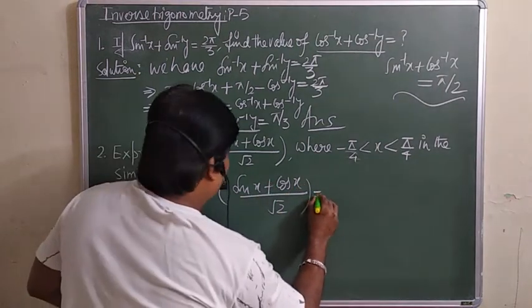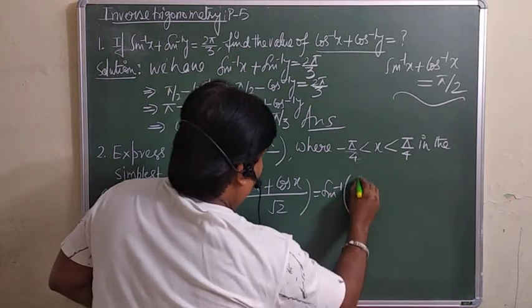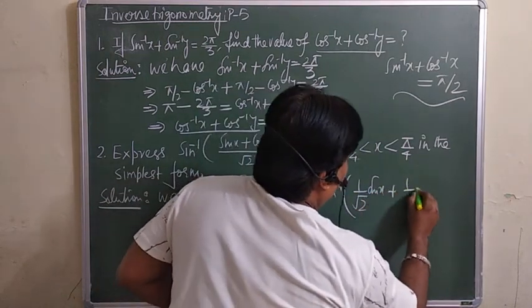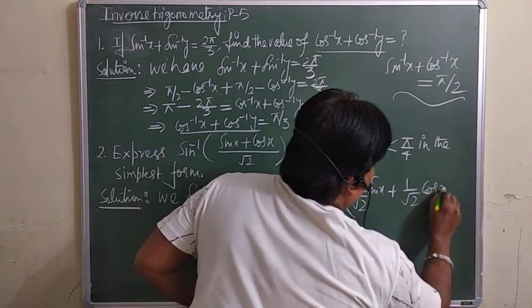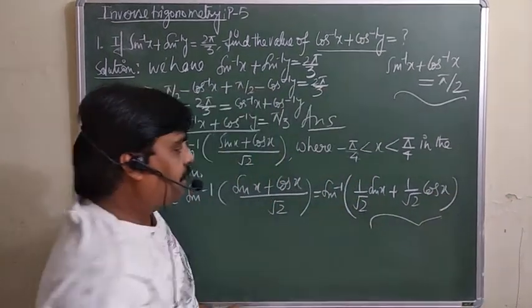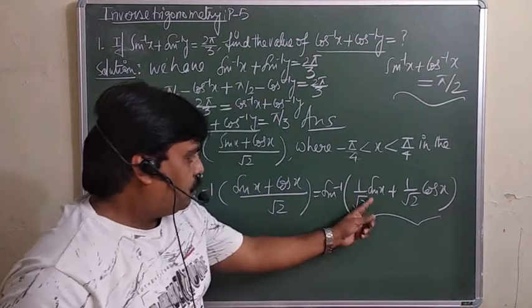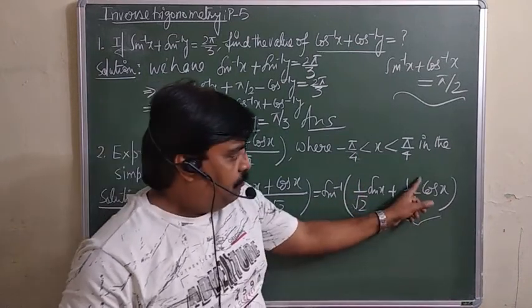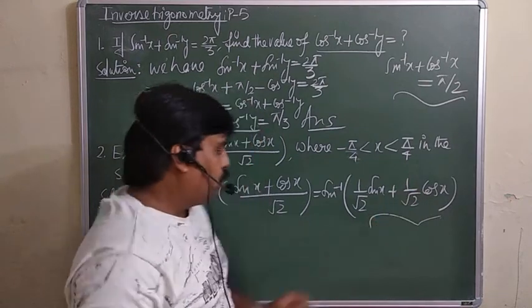So what we will get is sin inverse of 1 over root 2 sin x plus 1 over root 2 cos x. And this can be written in terms of sin because the value of cos pi by 4 is 1 over root 2. Value of sin pi by 4 is also 1 over root 2.